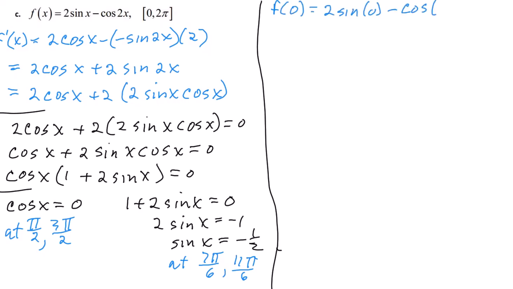Now then I have to worry about the endpoints. So I'm going to evaluate this function at 0. And so f evaluated at 0 is -1. Let's try the other endpoint. F evaluated at 2 pi, on the other hand.